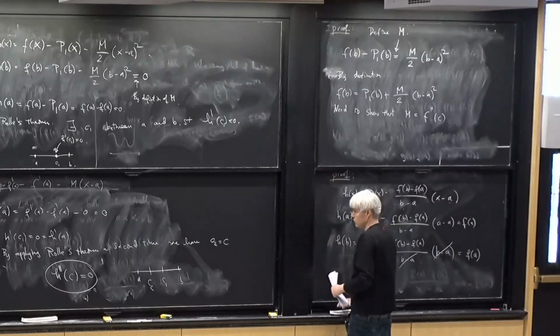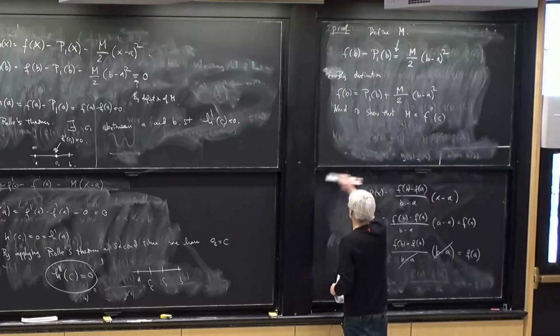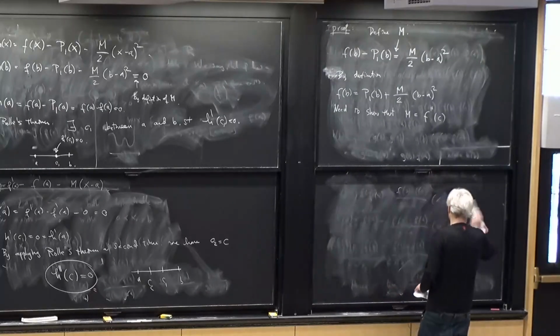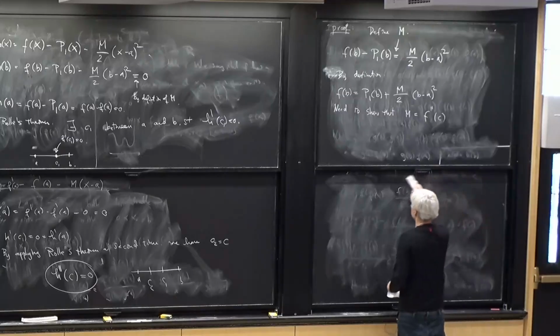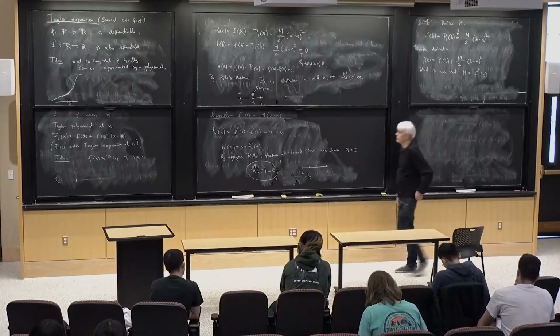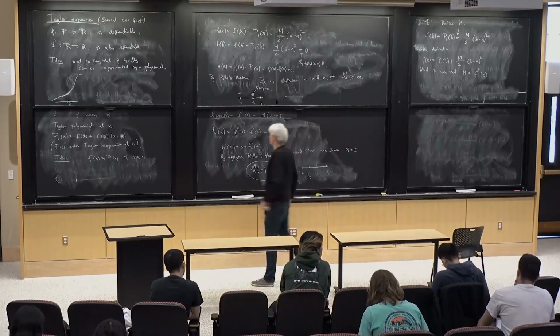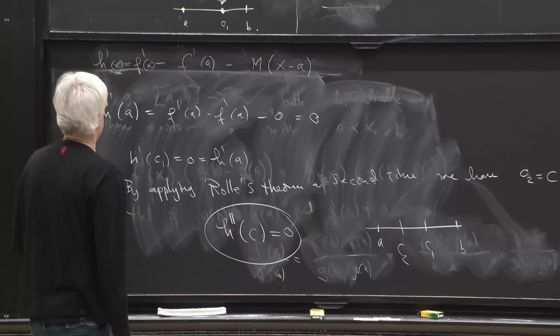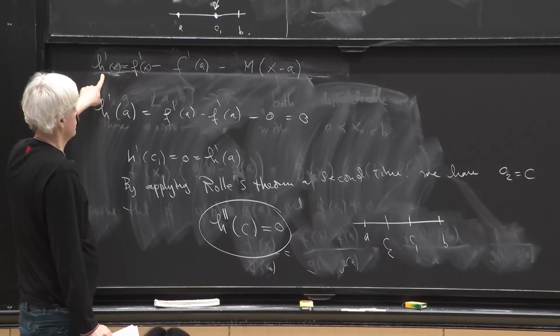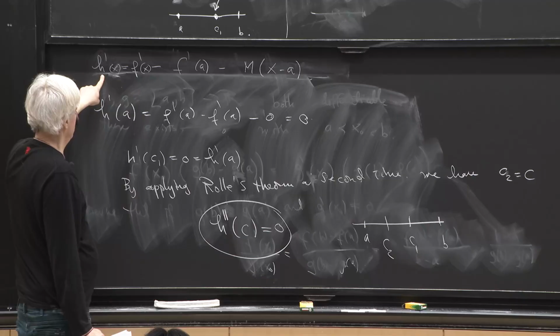And so to calculate the second derivative, this here was the derivative of h. So we just need to take another derivative of h.